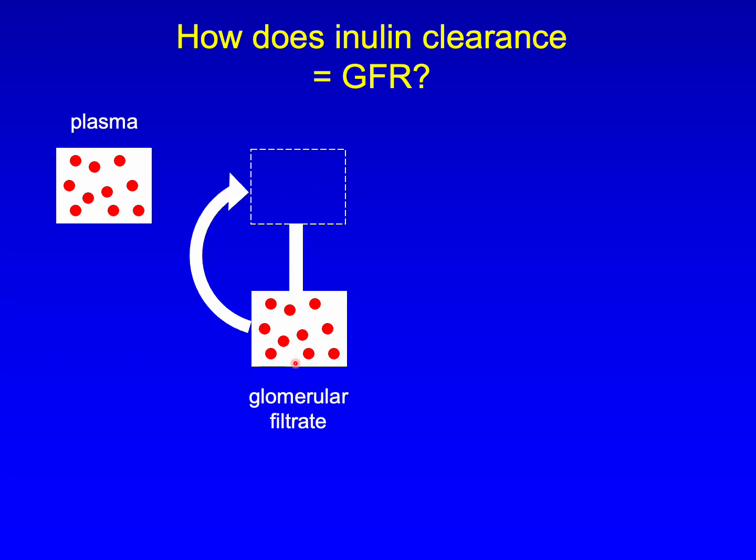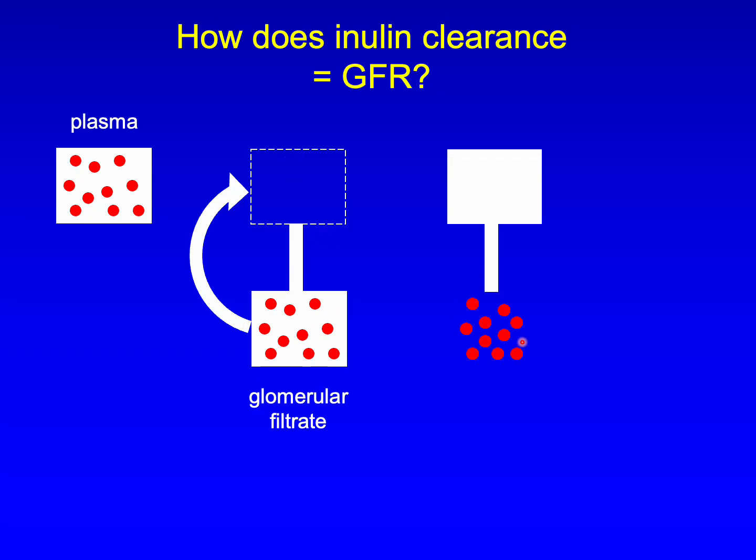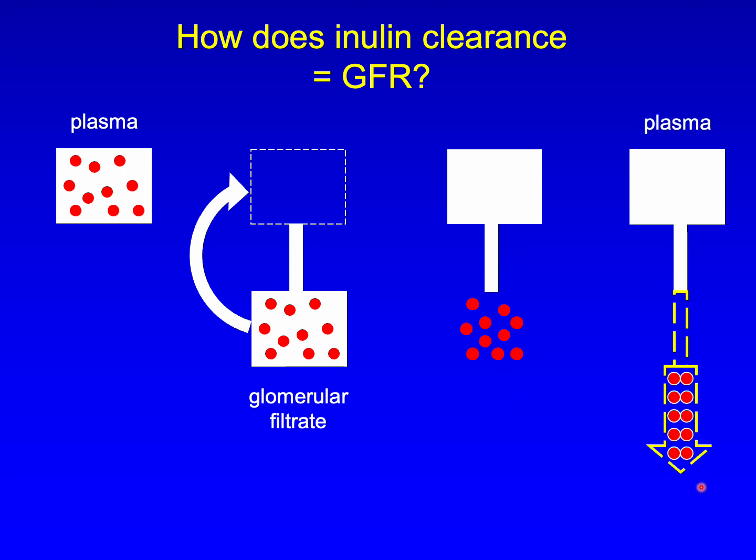This has to happen because the rate at which glomerular filtrate is formed is so high, like 120 mLs per minute or upwards of 150 liters per day, that you wouldn't want to be losing all this volume in the urine, so you simply reabsorb the water and return it to the plasma volume while leaving the inulin molecules in the filtrate where they can later be excreted in the urine.